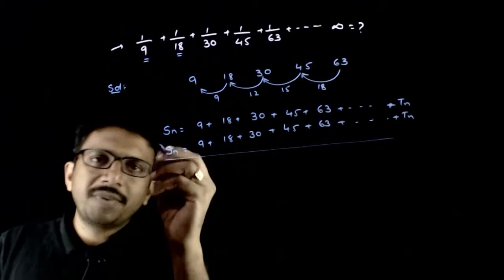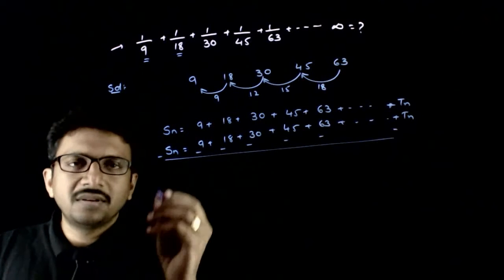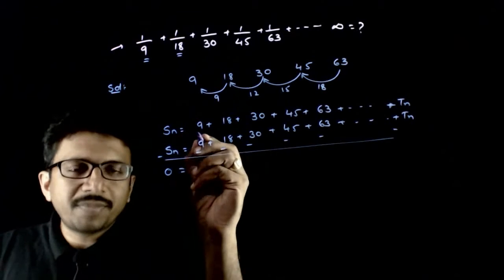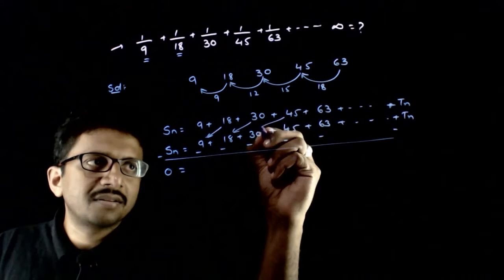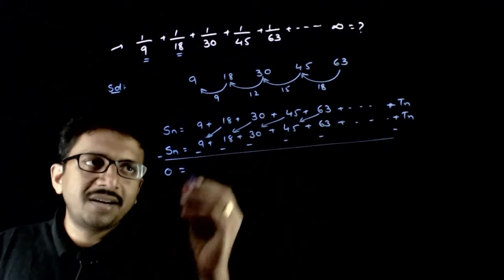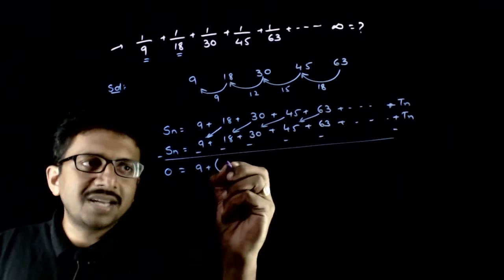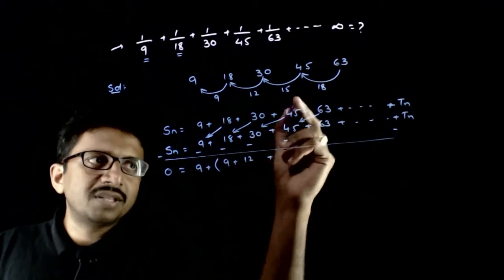Now let us subtract one from the other. Sn minus Sn is equal to 0. I won't subtract it in a straight line, I'll subtract it like this.